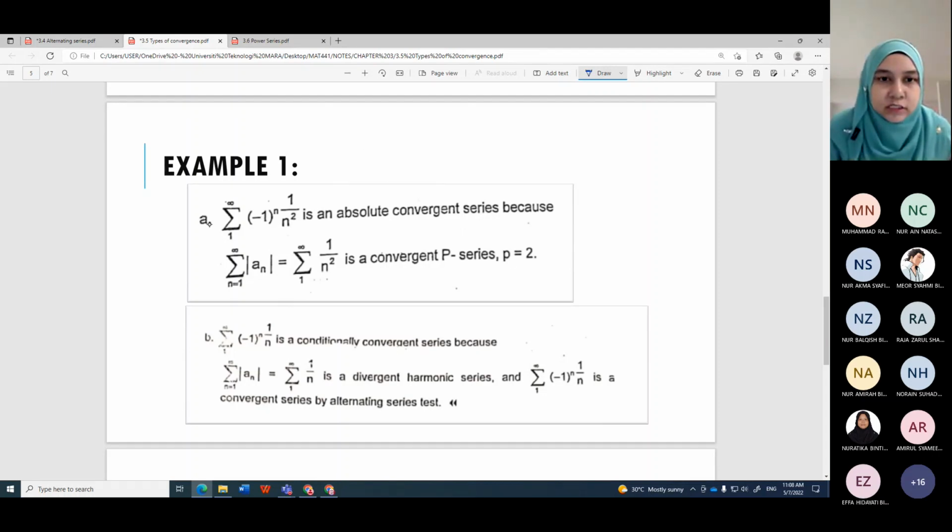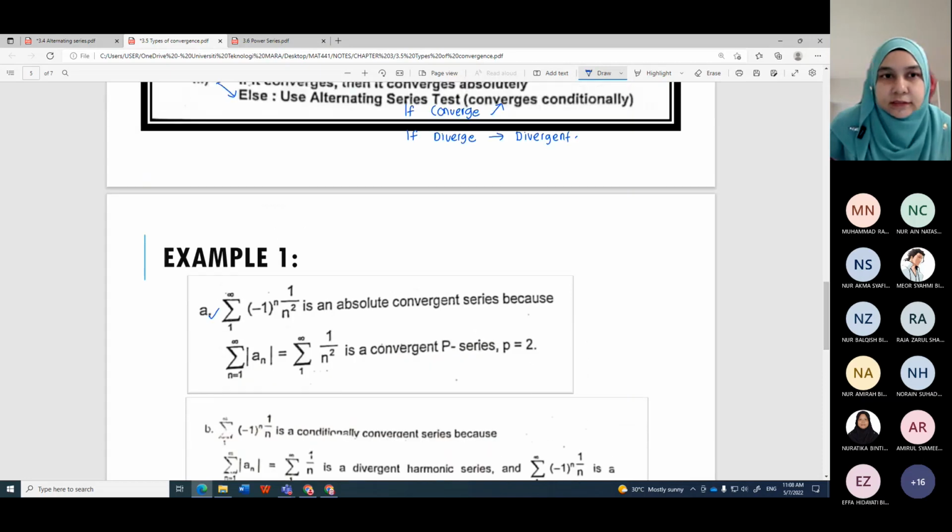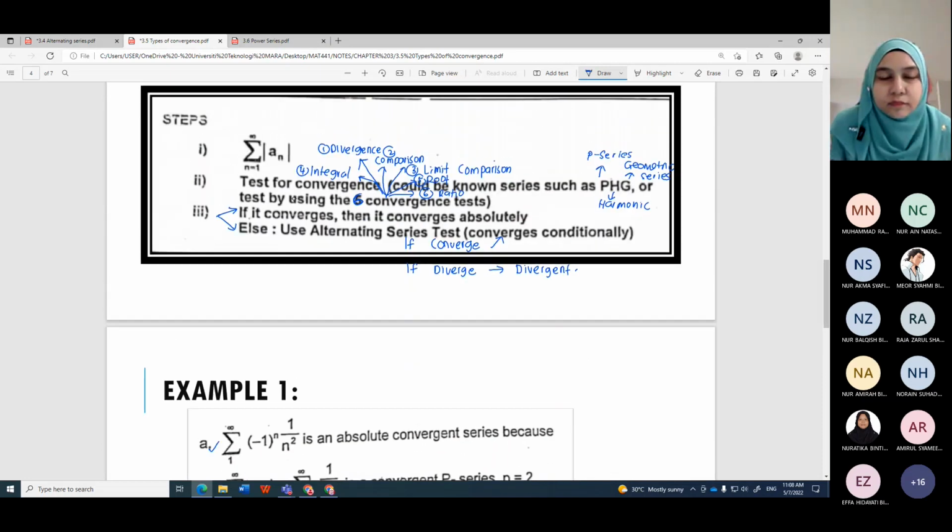Okay, so untuk first ni, first step find the series of modulus A sub n.